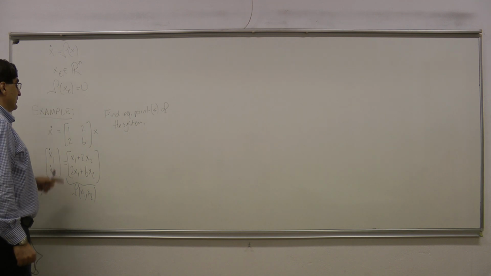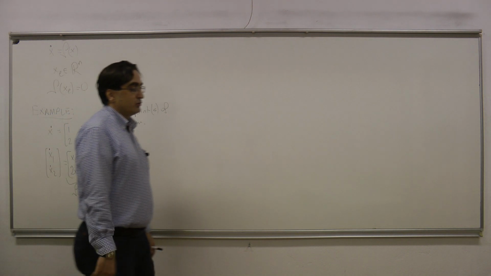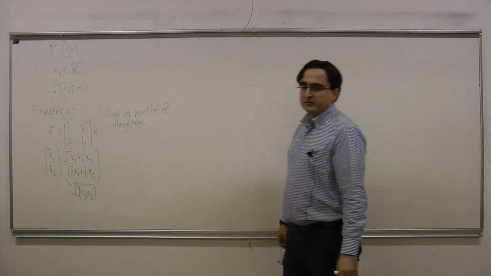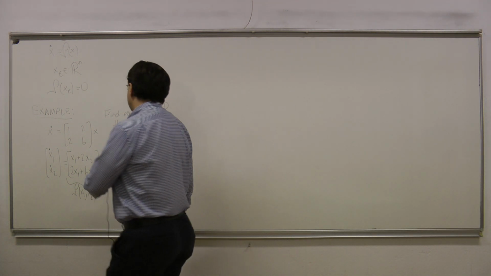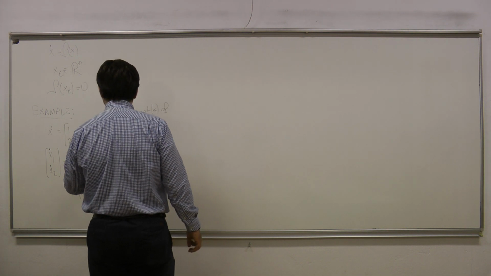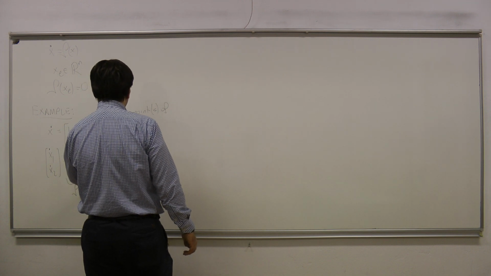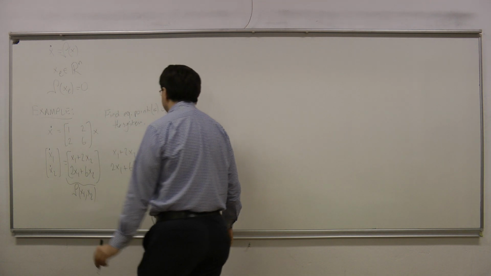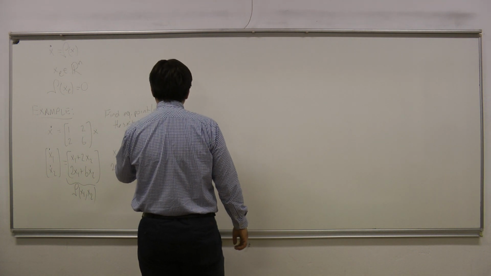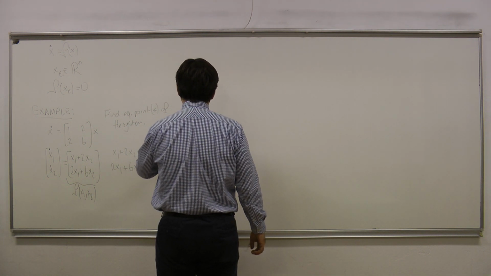In order to find the equilibrium points of the system, I need to equate both functions to 0 and solve so that both equations are satisfied at the same time. So I have x1 plus 2x2 equals 0, and 2x1 plus 6x2 equals 0. The first equation gives me x1 equals minus 2x2.